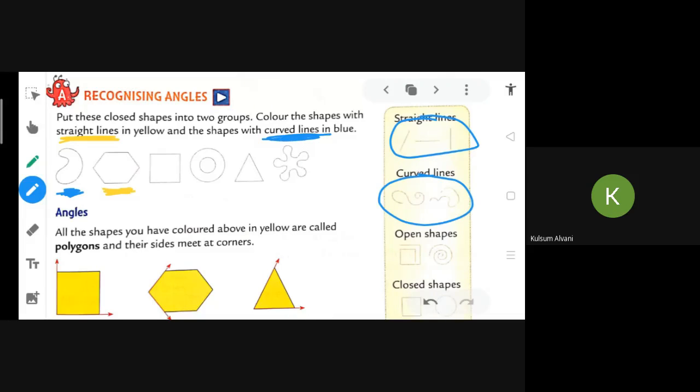Excuse me, ma'am, we have to do in the book these two, whether you can do in rough book or in the textbook. Ma'am, we have to draw rectangle, square, and tree shape. What?